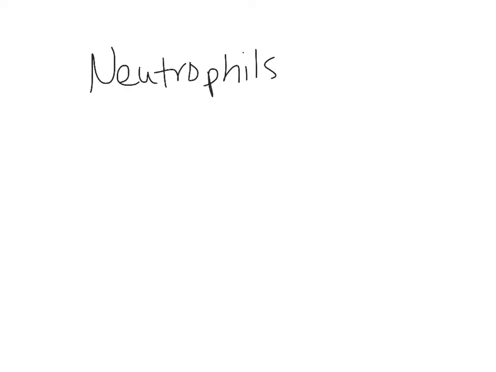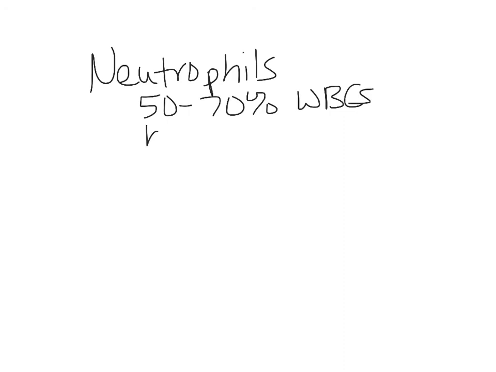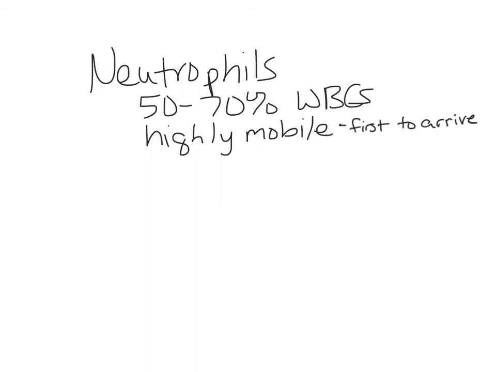Some key things you need to know about the neutrophils: they do make up 50 to 70% of the white blood cells, so they are the most numerous. They are highly mobile. They are the first to arrive at the site of an infection. The very first white blood cell to arrive at the site of an infection.